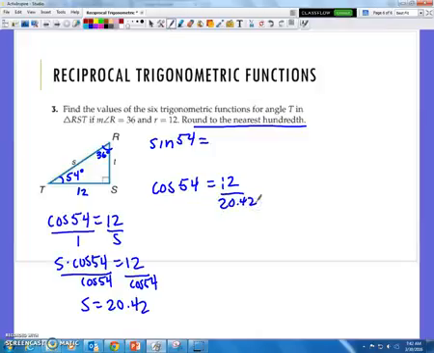I'm going to go ahead and put this value in here for S, 20.42. It's going to be necessary for the rest of our trig. 12 divided by 20.42 now is 0.58, actually 0.59. Okay? Now that's going to help us to find our sine and go from there.